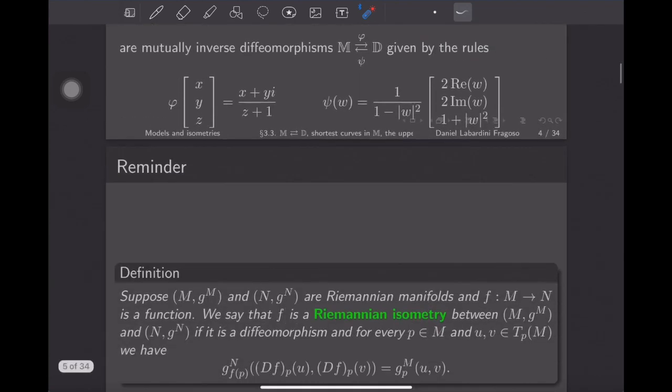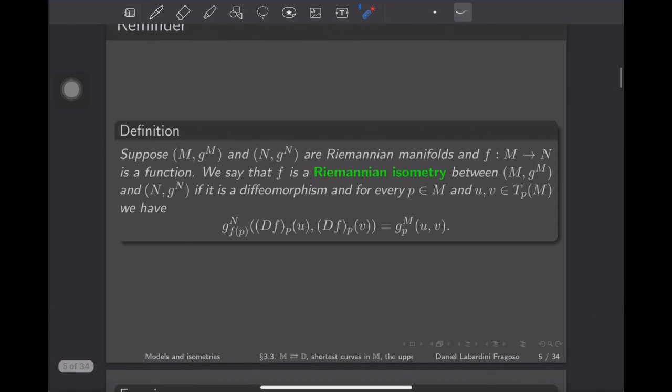Reminder of what a Riemannian isometry is. A Riemannian isometry is a diffeomorphism such that measuring an inner product gives you the same result whether you measure before going through the diffeomorphism, or after going through the diffeomorphism.